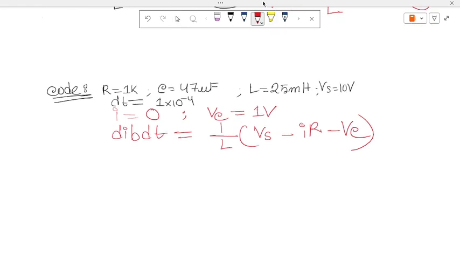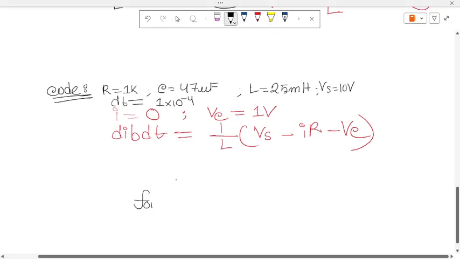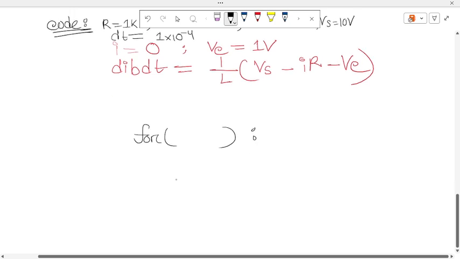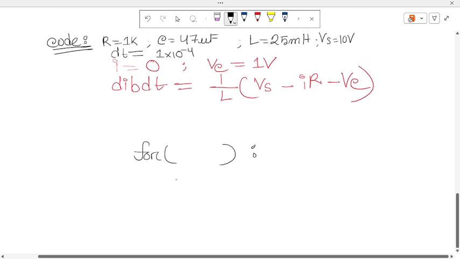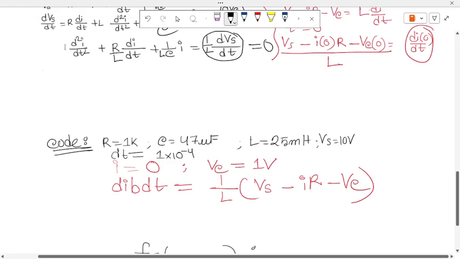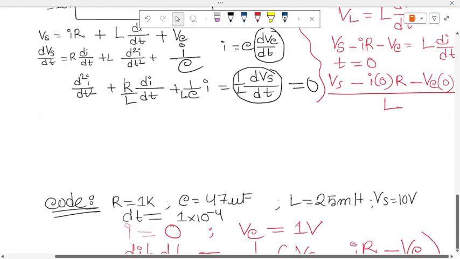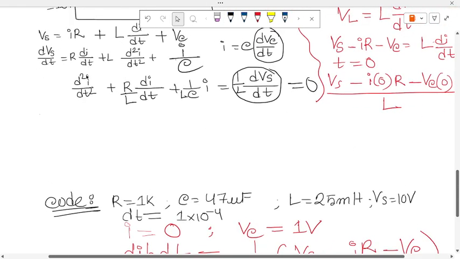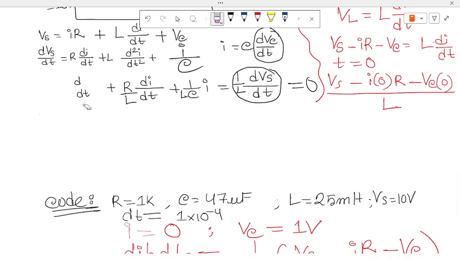Now let's go to my for loop, and inside the for loop, let's modify this equation again. We can write d square I by dt square like this.